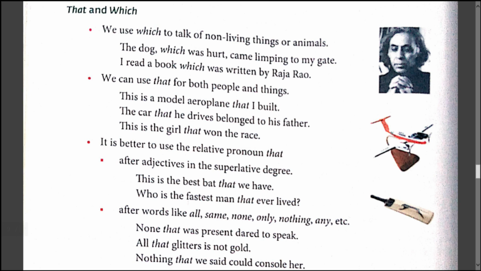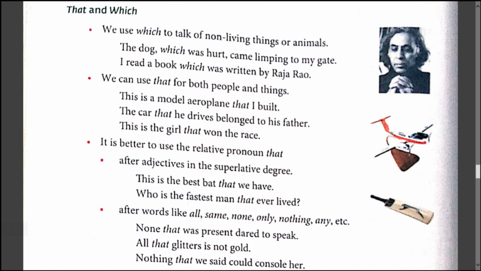Now what is the rule? After adjectives in the superlative degree: this is the best bat that we have. Here best is the superlative degree, and so you will be using that. Who is the fastest man that ever lived? Again fastest is the superlative degree, and so you'll be using that.